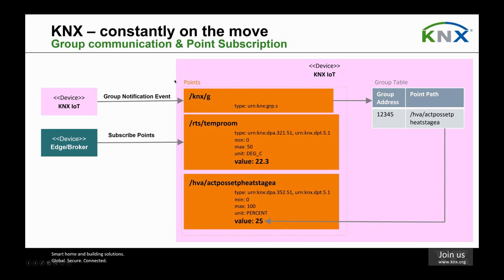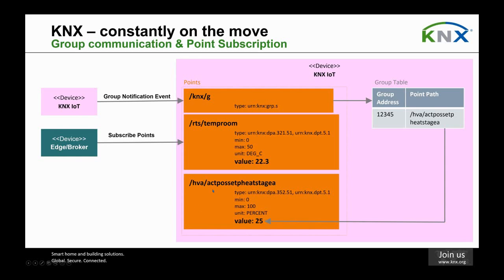This group notification event would be a device sending this out, a little bit similar to what we know today on twisted pair or radio frequency, and an edge or a broker device subscribing to points of a certain device.